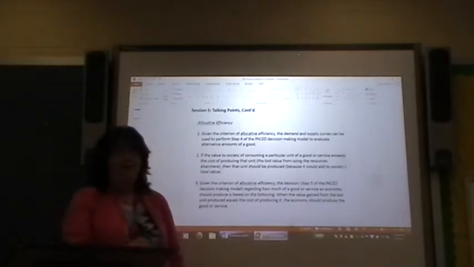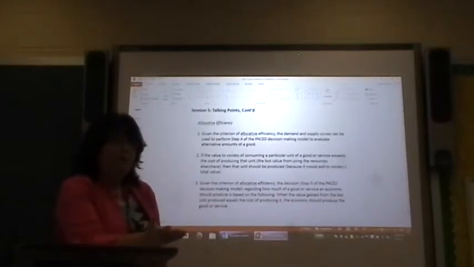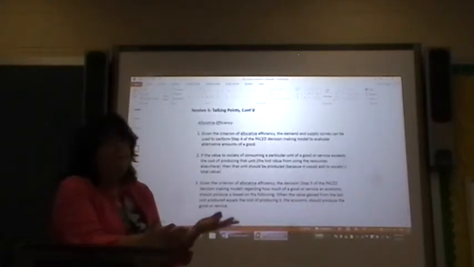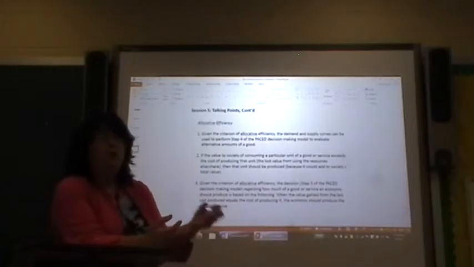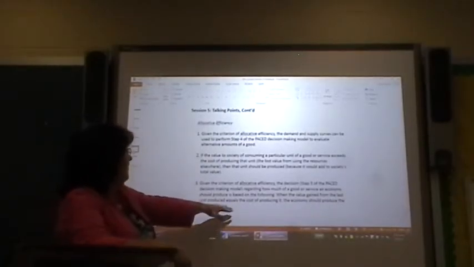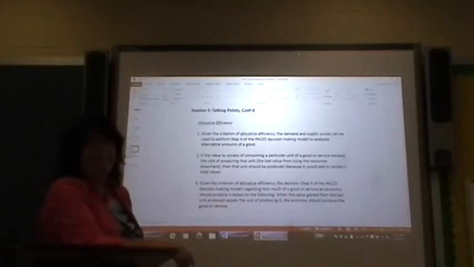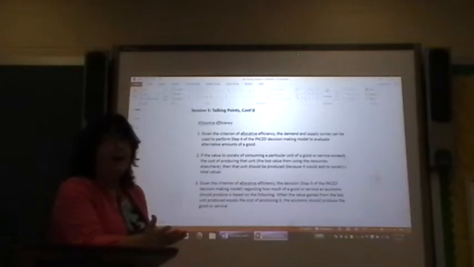So that means that if you're going to decide whether to produce something, if you know that you can recoup your investment, then you should go ahead and produce it if it has an effect on benefiting society.